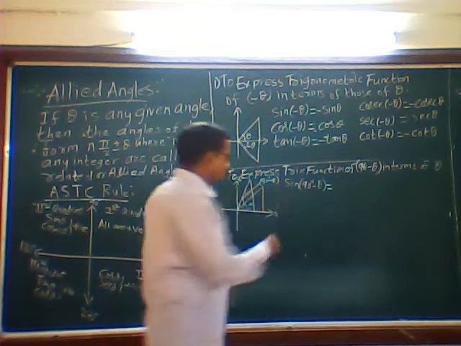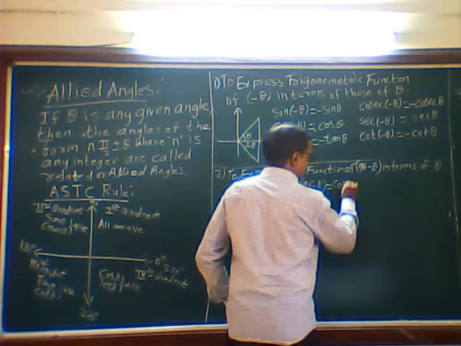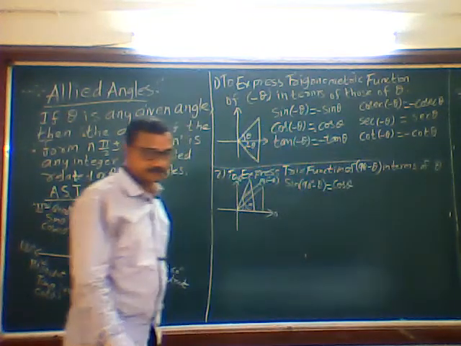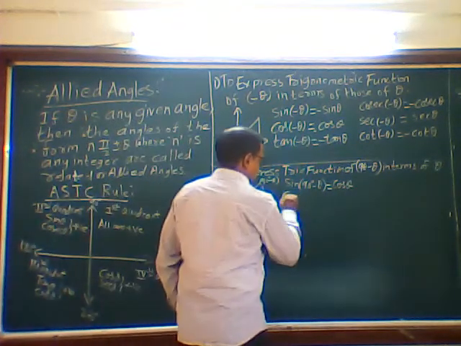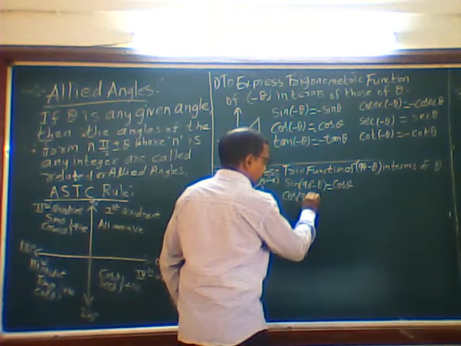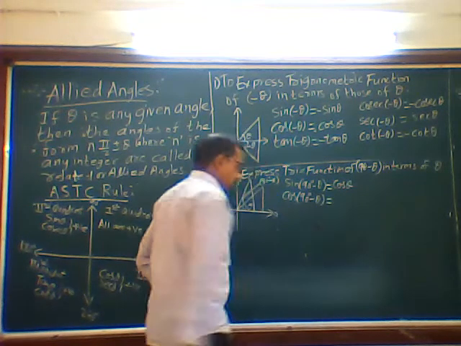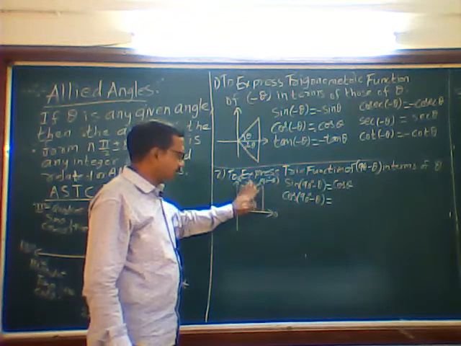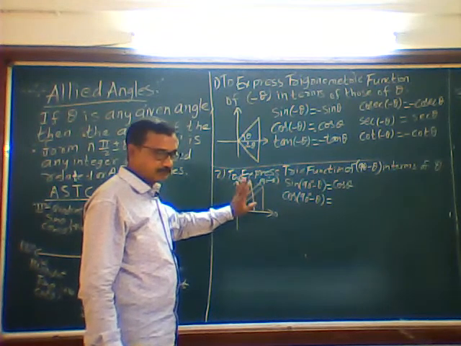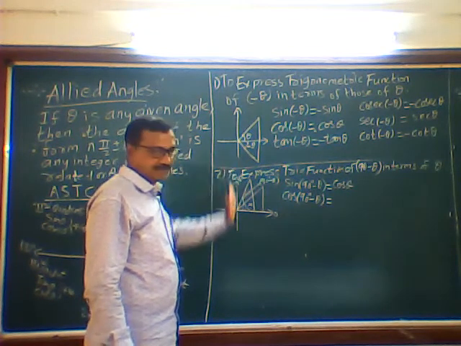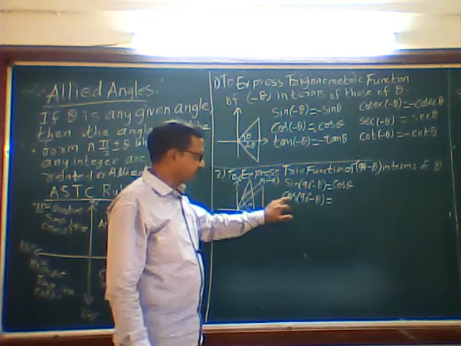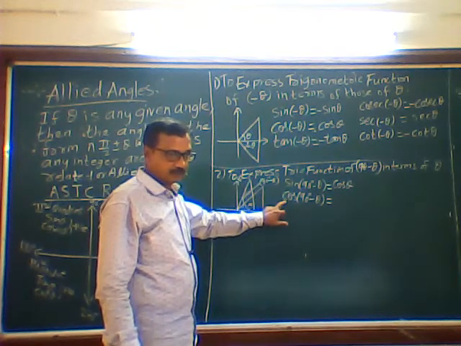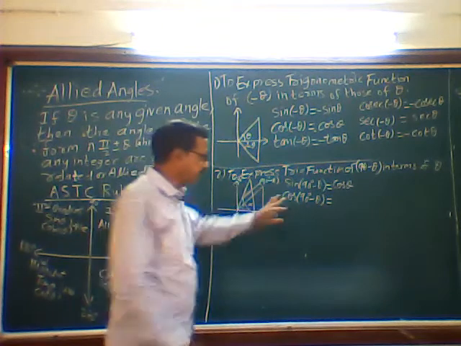The co-ratio of sin is cos theta. It changes to cos theta. Okay, next cos of 90 minus theta. Again it is lying in first quadrant, all are positive. Since the angle is lying on the y-axis, the original ratio cos changes to co-ratio. It will be sin.